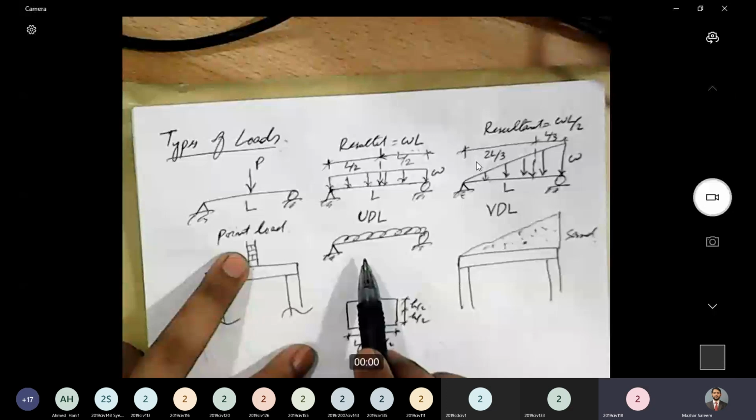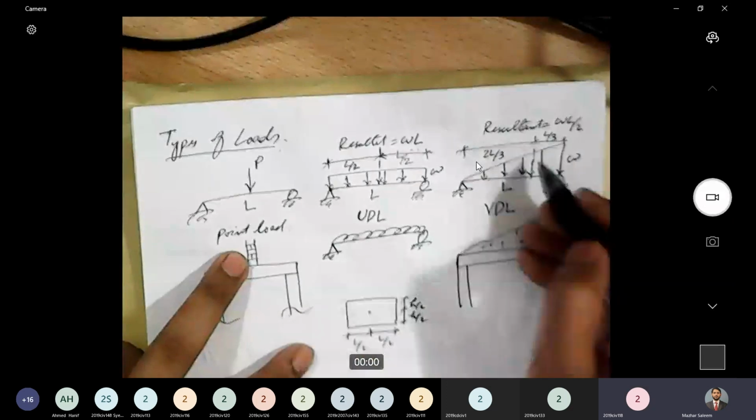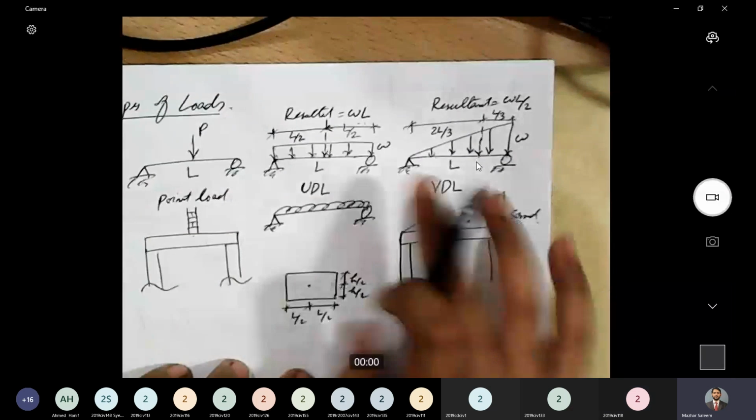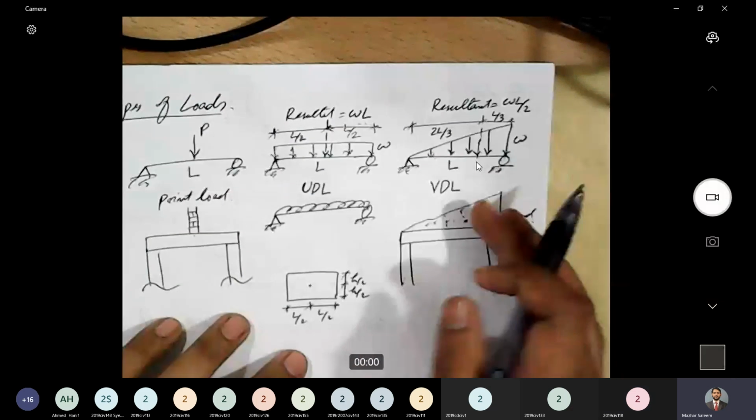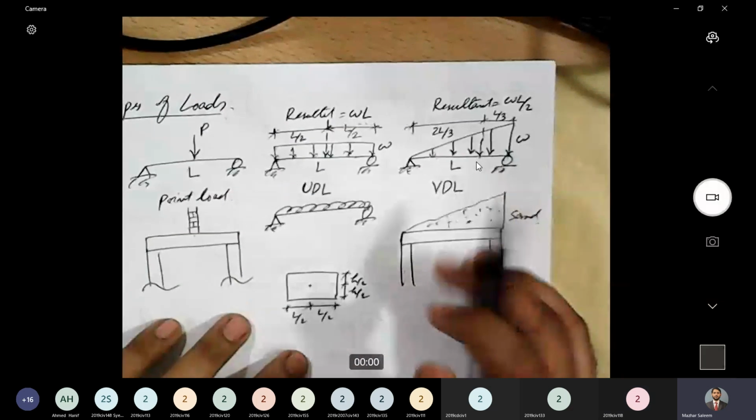Sir, the second one is not clear, 2L/3 and L/3. In both the cases, the resultant will pass through the centroid of the area. If I have a triangular area, its centroid will be here.